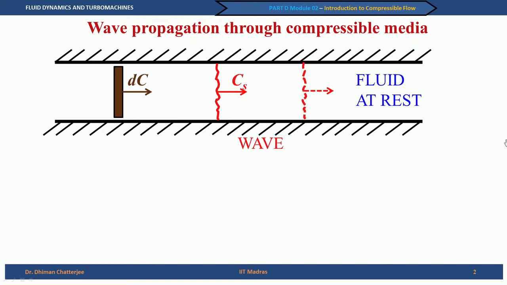Now, if we want to analyze this flow from this stationary frame, then what we see is an unsteady flow, because at one instant this region, which is shown between the solid wave and this dashed wave line, was at rest, and then after this wave has passed, it would have also experienced the motion. So, in order to analyze this problem, we can try to frame it in a slightly different but equivalent way.